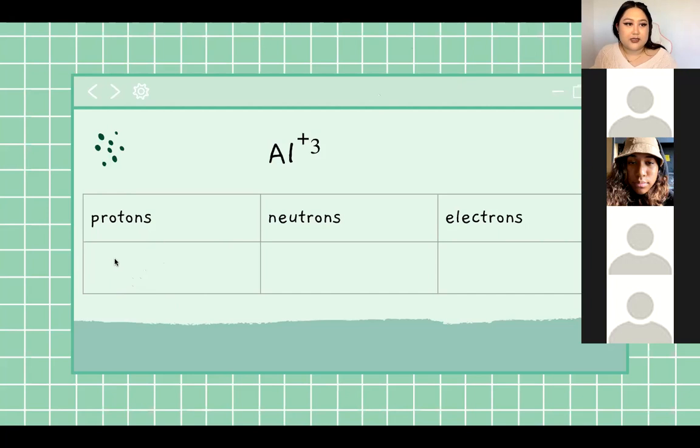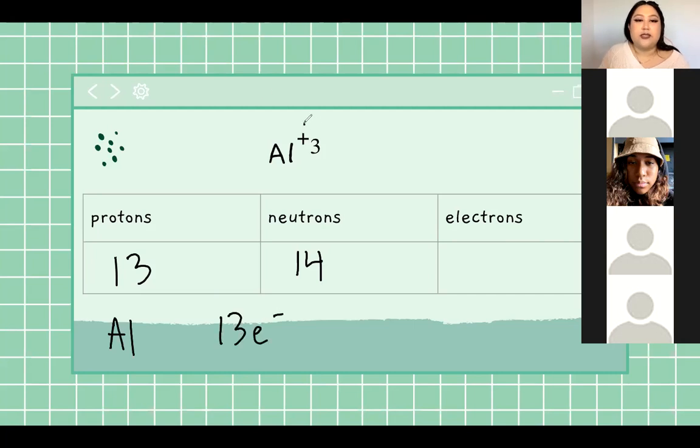Yep, it stays as 13. The neutrons would also stay as 14. Electrons would change. Typically a normal aluminum would have 13 electrons, but since this is +3, did we gain 3 electrons or lose 3 electrons?